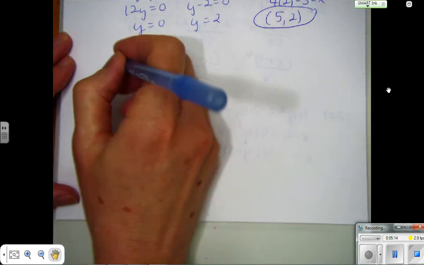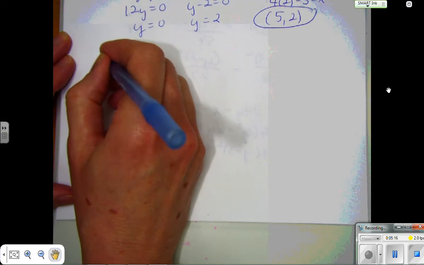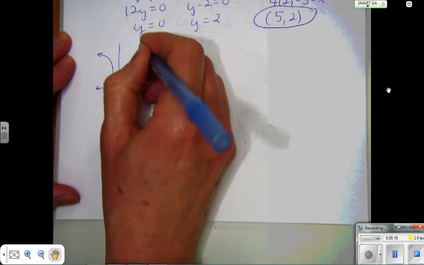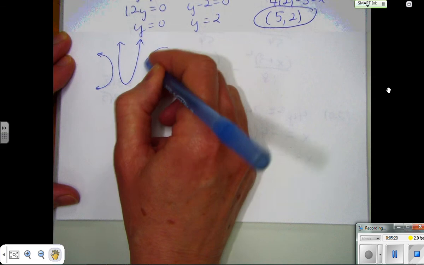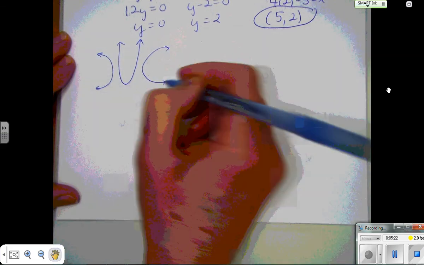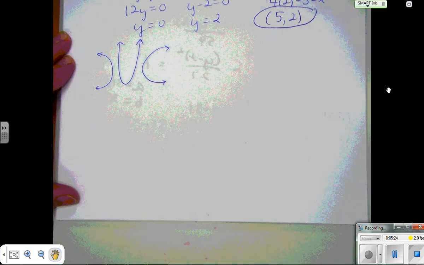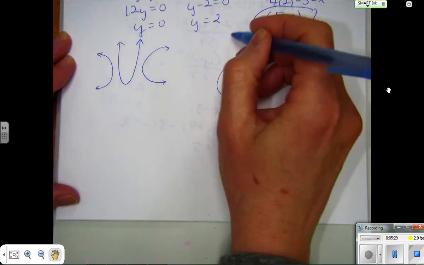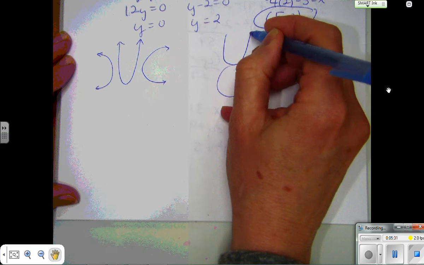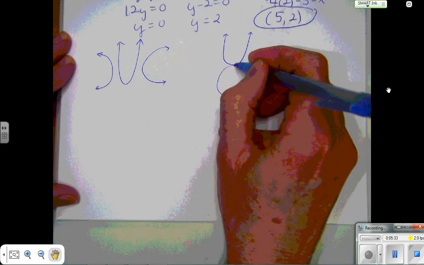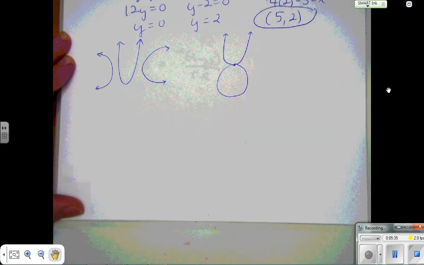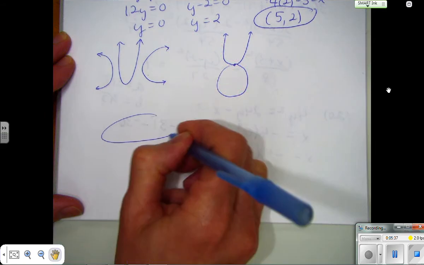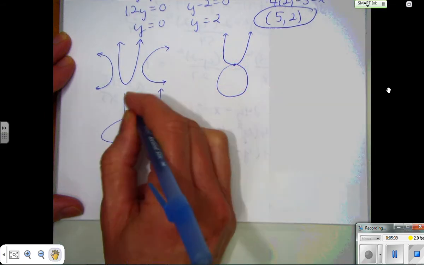Okay, so the first possibility is if you don't have any solution. So, something like this, where you have 2 conic sections, they just don't intersect. Then you could have 2 conic sections where they just touch in one spot. Okay, you could have 2 conic sections where they have 2 points of intersection.